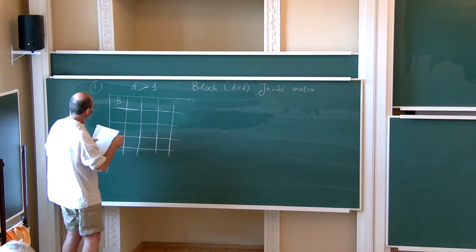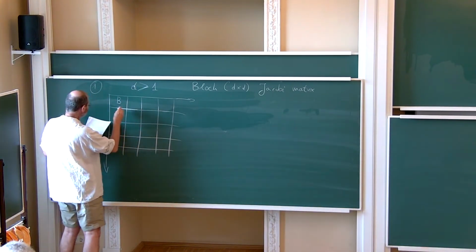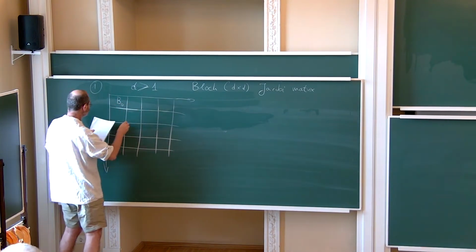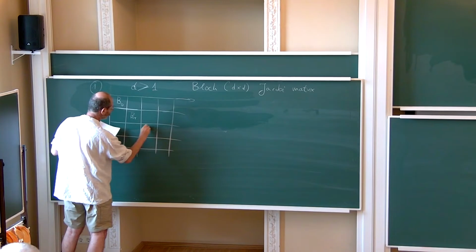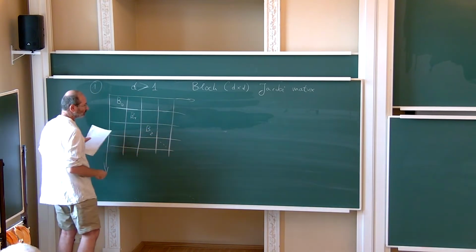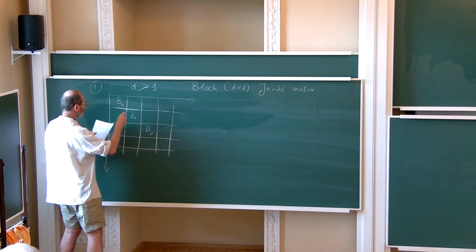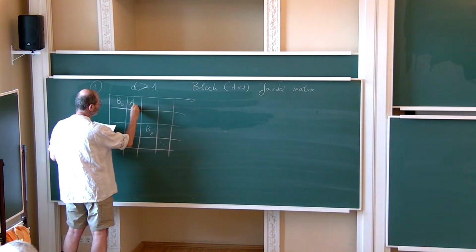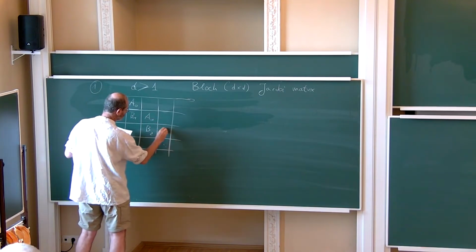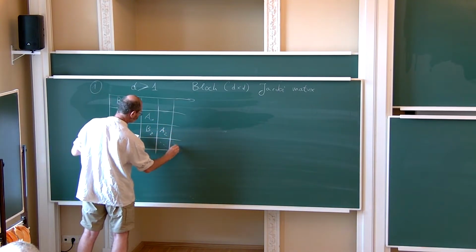block matrix. On the diagonal we have matrices B0, B1, B2, and so on. And the upper and lower diagonals are defined by A0, A1, A2, and so on.